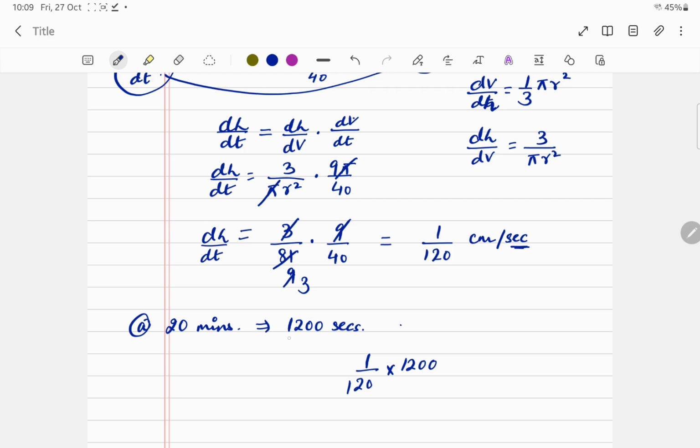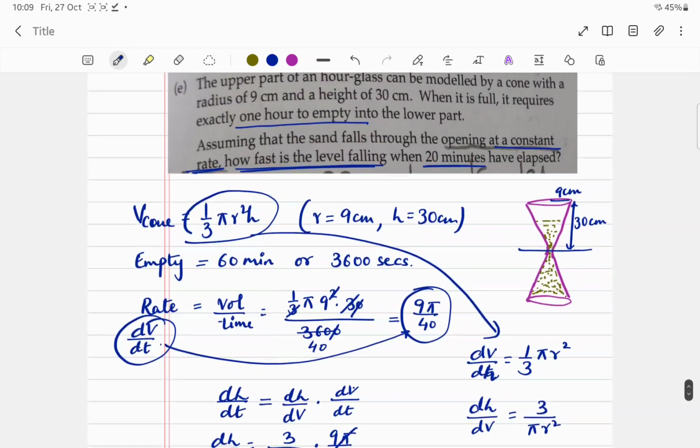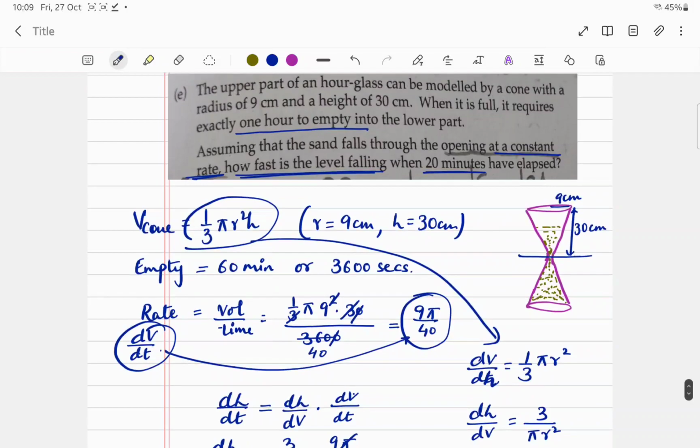If you multiply by 1200, and cancel, you have 10, right? And 10 is in centimeters, because this is the height, which is what we are finding: assuming that sand falls through this, how fast is the level falling when 20 minutes have elapsed.